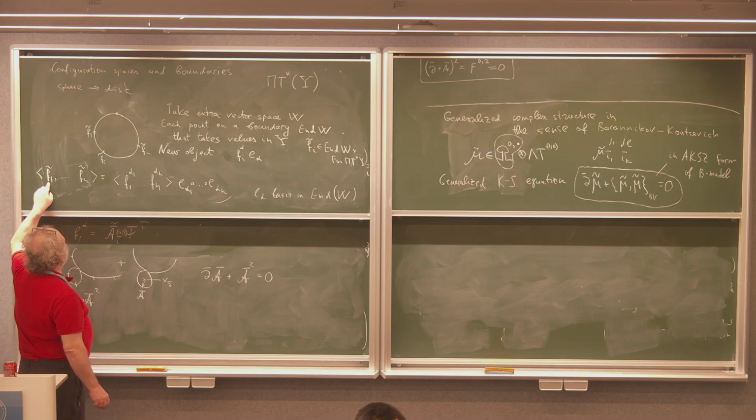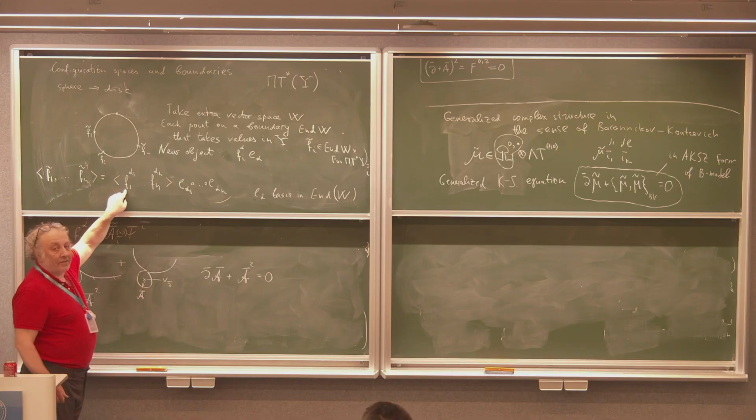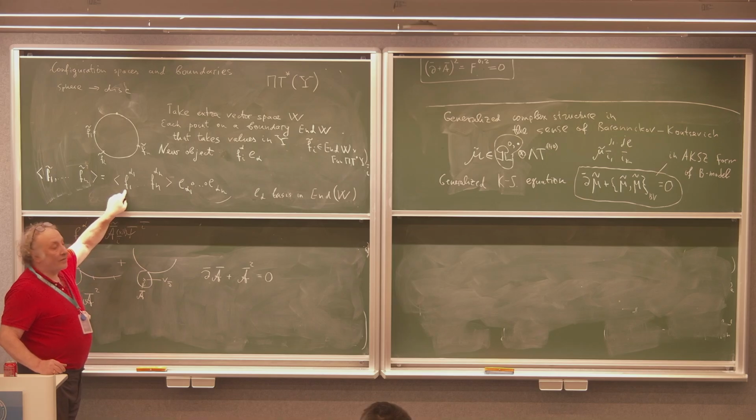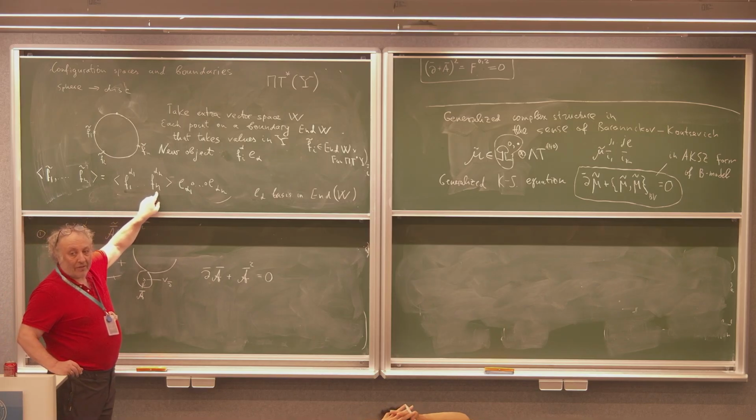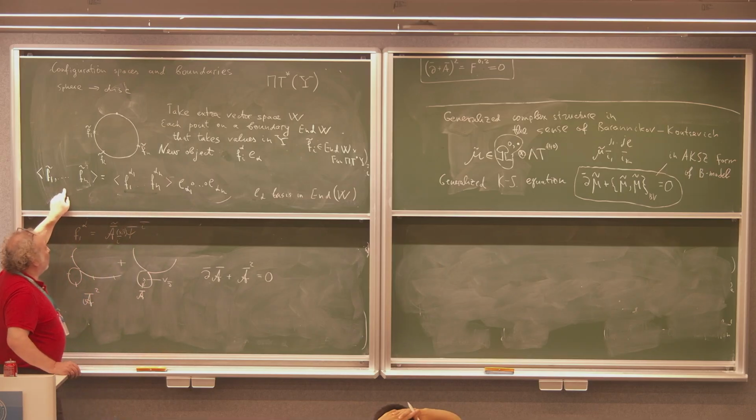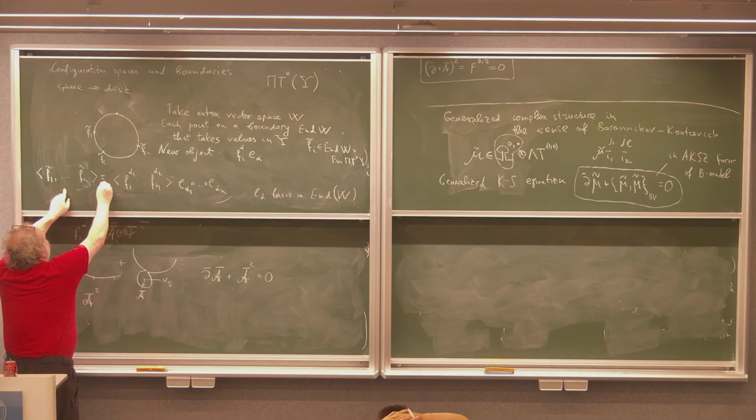So here I defined the object with f tildes in terms of f without indices. So this is a function. So here we have a correlation of functions. And we know it. And this is the definition of f's with tildes.